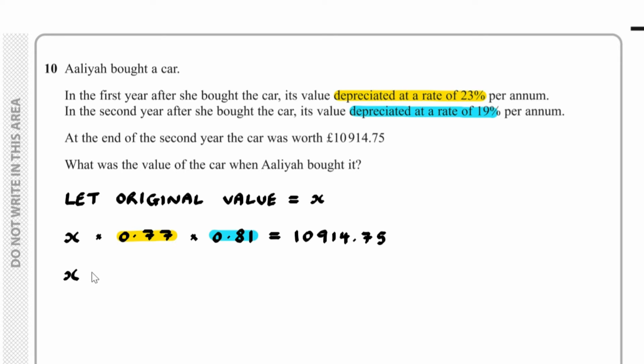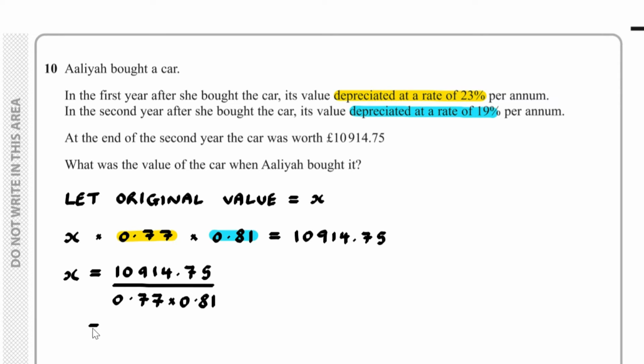So we have x equals, well, we've got 10914.75, and then we divide this by 0.77 times 0.81.